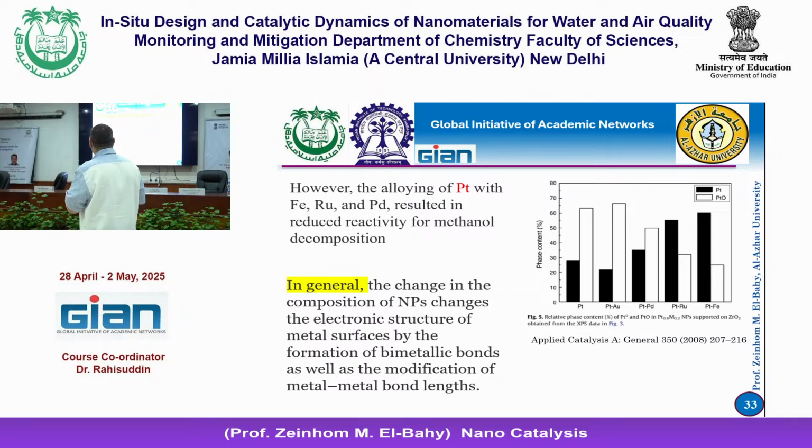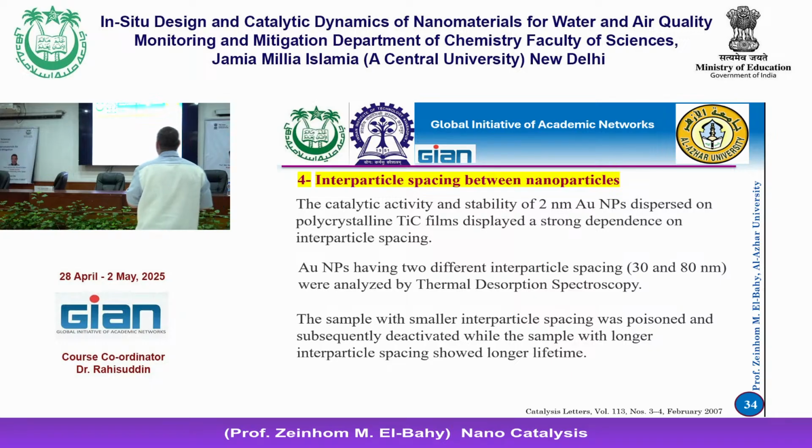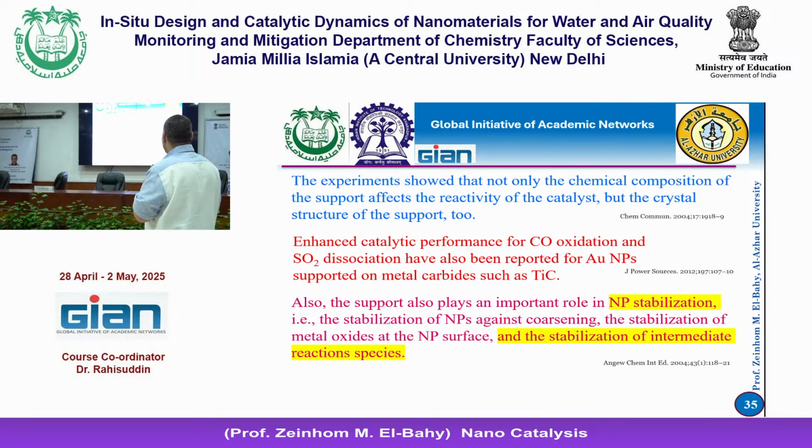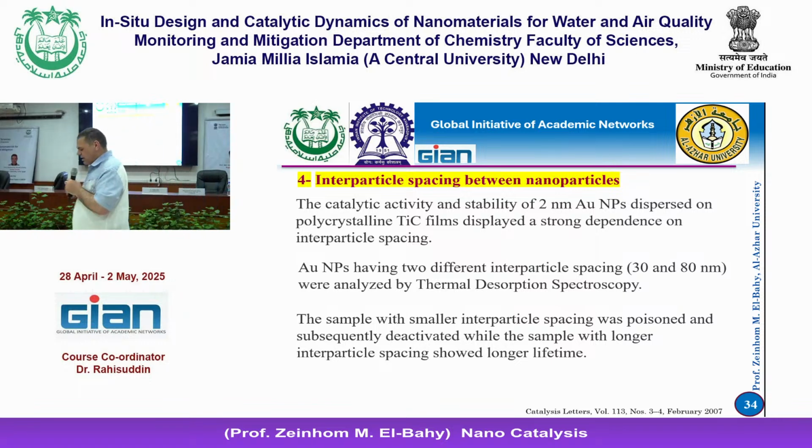We just mentioned that a change in interparticle spacing will change the catalytic activity of the particles, like the catalytic activity and stability of 2 nanometer gold dispersed on polycrystalline titanium carbide films, which displayed a strong dependence on the interparticle spacing. Because when it was 30 nanometer and 80 nanometer, it gave different catalytic activity. I have also just mentioned this data.